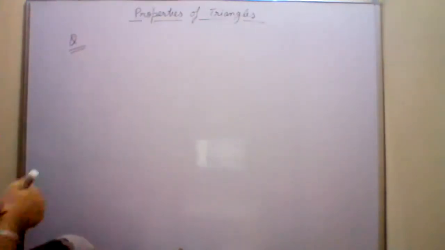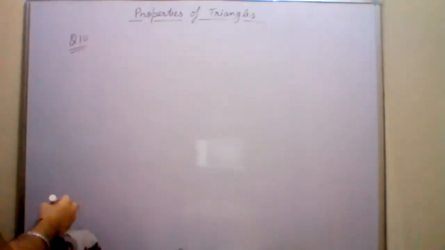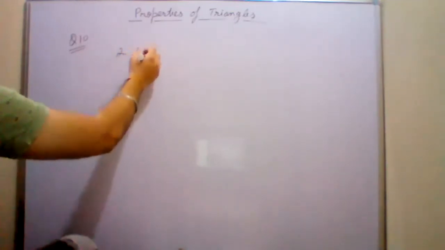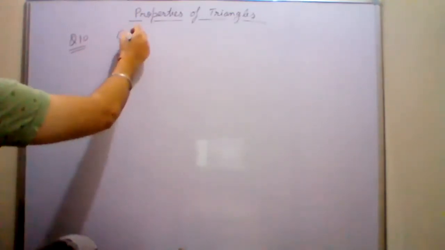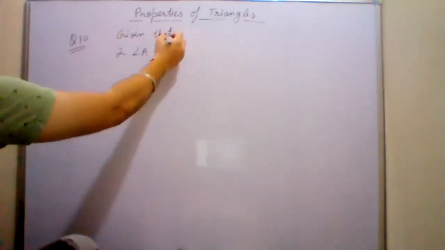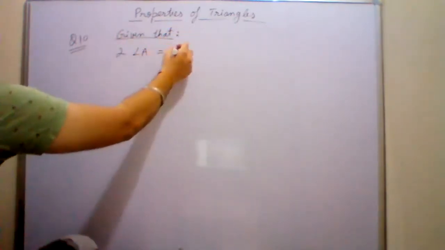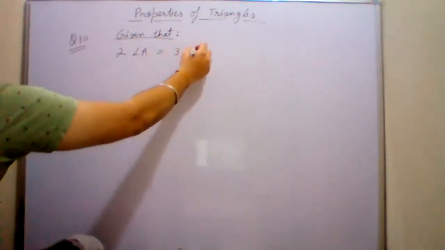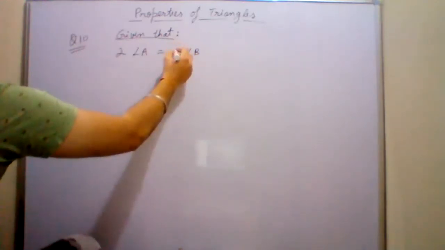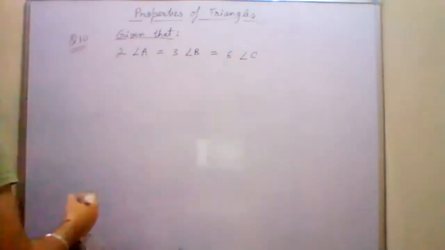Question number 10. In question 10, it is given that twice of angle A is equal to thrice of angle B, 3 times of angle B, and also equal to 6 times of angle C. This is given in the question.